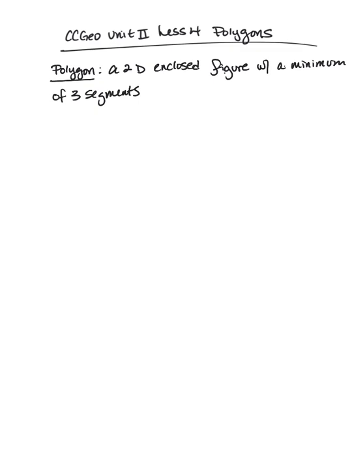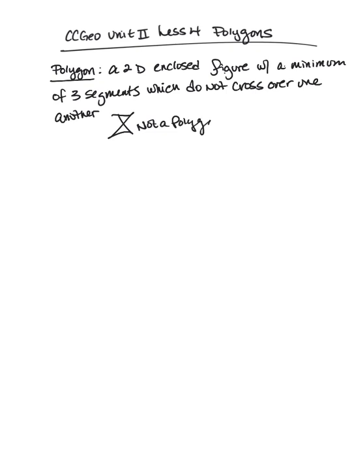Okay, so a minimum of 3 segments which do not cross over one another. Okay, in other words, this is not a polygon. This is not a polygon because it's open, so it has to be closed.